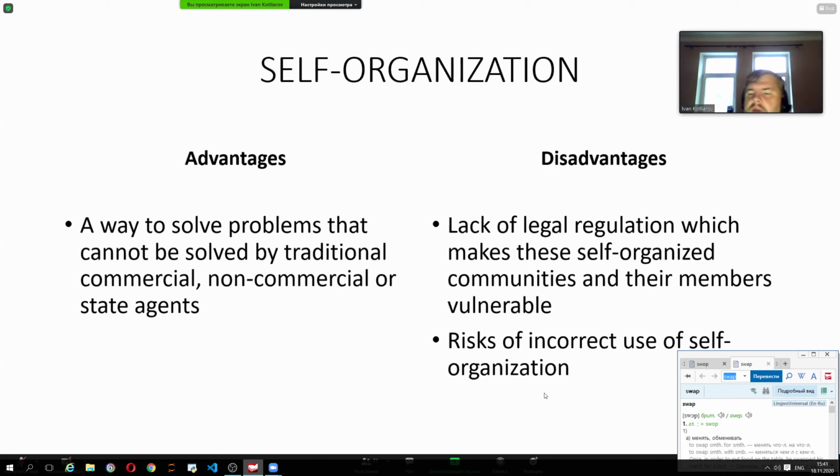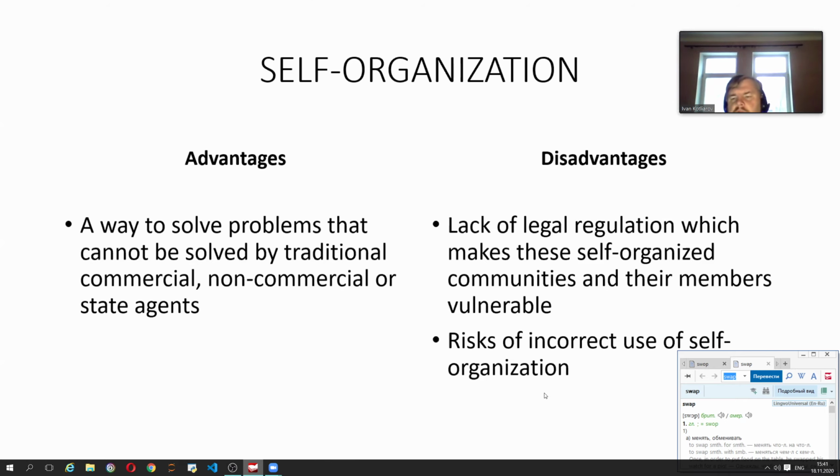What are the disadvantages? Lack of legal regulation. Due to this lack of legal regulation, these self-organization communities and their members are vulnerable from the point of view of the law. Take a collective purchase, for example.